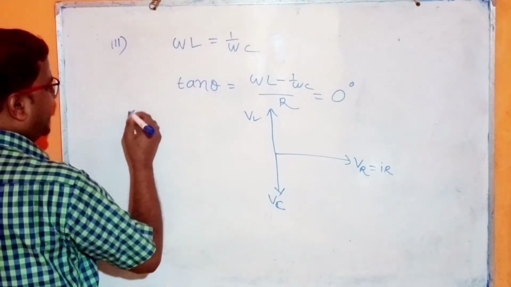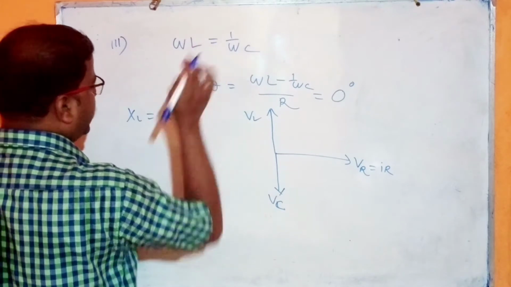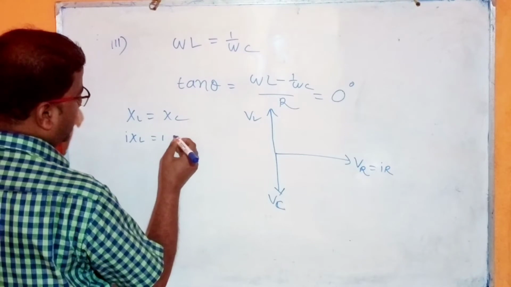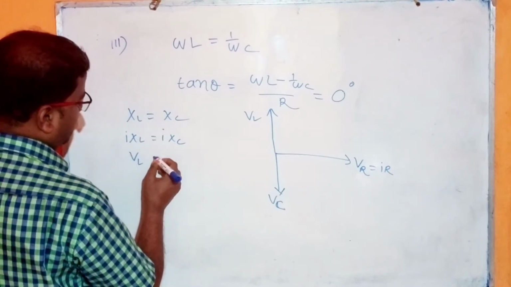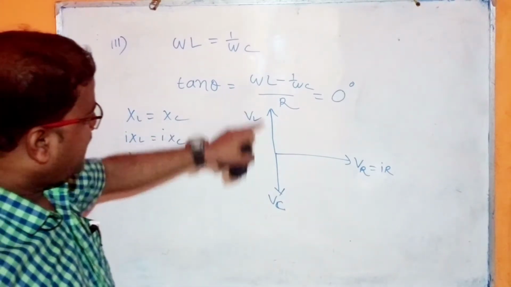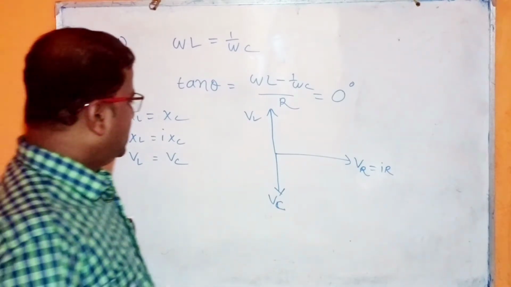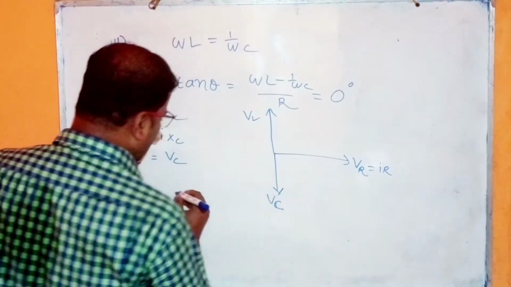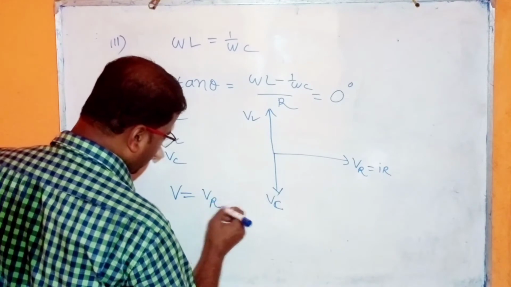That is XL equal to XC, and I into XL equal to I into XC, that is VL equal to VC. But we know that VL and VC have 180 degree phase difference. Thus the total voltage V equals only VR.